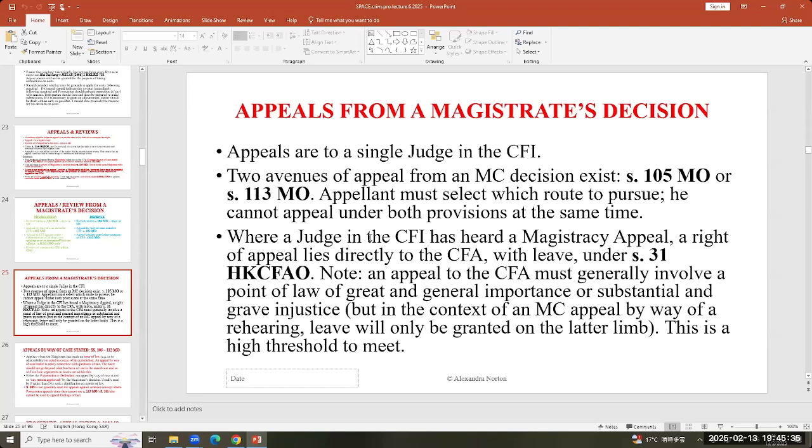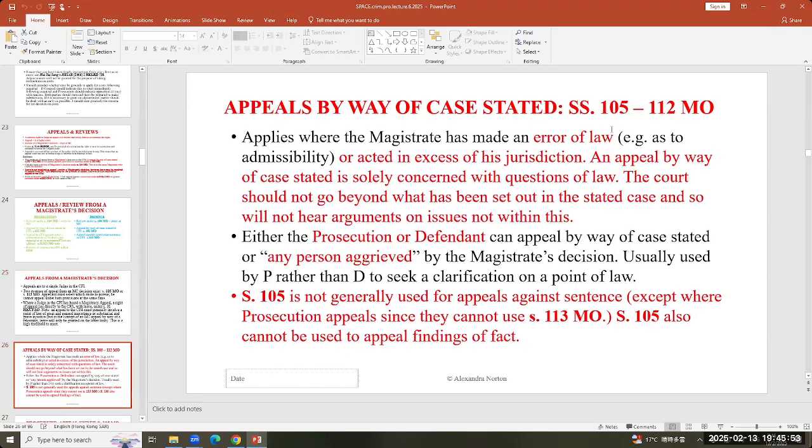So that's the reason why from a magistracy appeal in the CFI, the only option is to go directly to the CFA. But it has to involve a point of substantial and grave injustice, which is a very high threshold to meet.